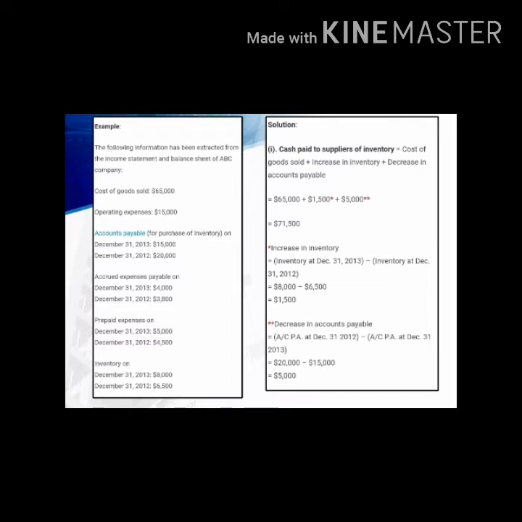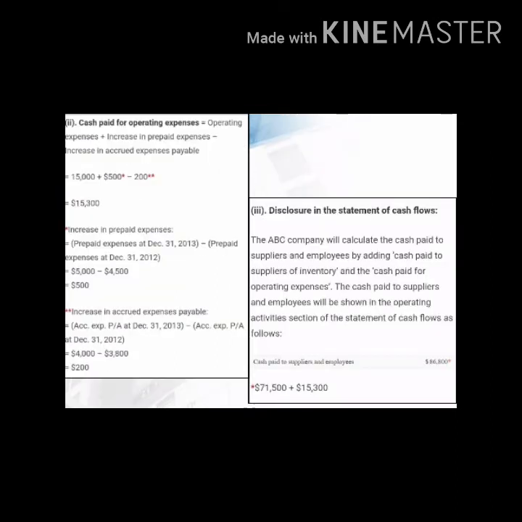So $65,000 plus $1,500 plus $5,000 is equal to $71,500. And next, we should now calculate the cash paid for operating expenses.